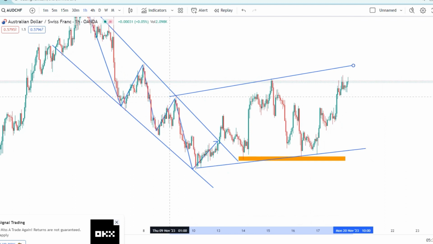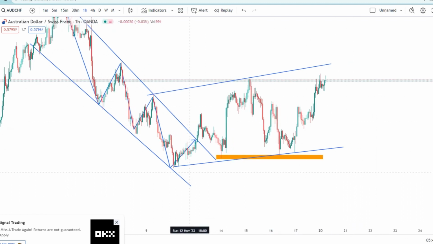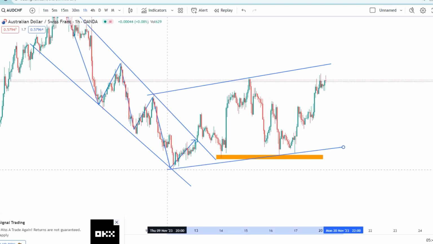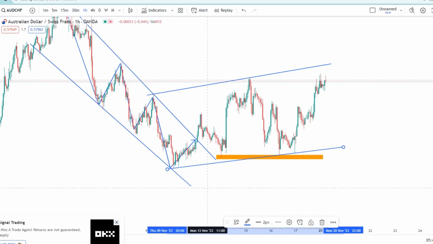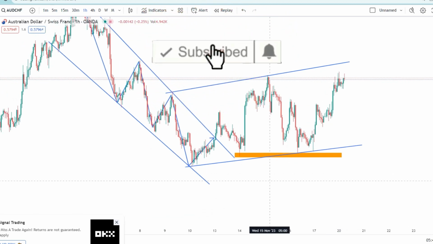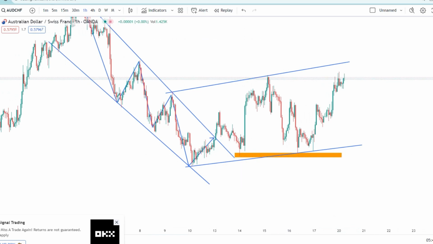I hope you guys can see here. So this one right here is our first touch, second touch, and third touch.